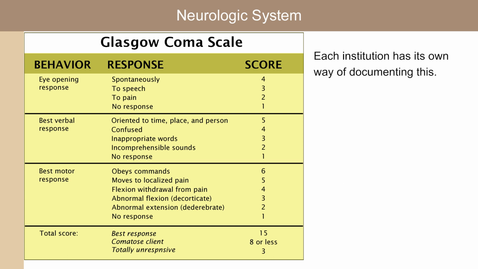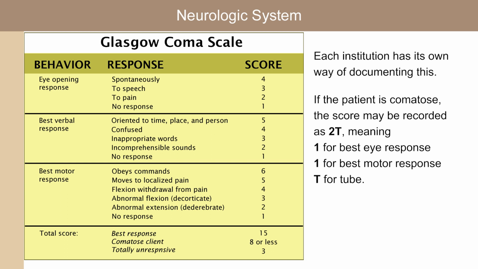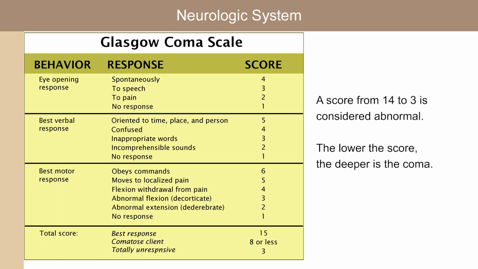For example, if the patient is comatose, the score may be recorded as numeric 2 and capitalized T, 2T, meaning 1 for best eye response, 1 for best motor response, and T for tube, indicating that verbal response cannot be assessed. A score from 14 to 3 is considered abnormal. The lower the score, the deeper is the coma.